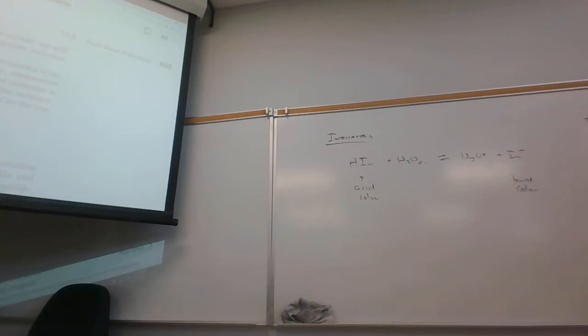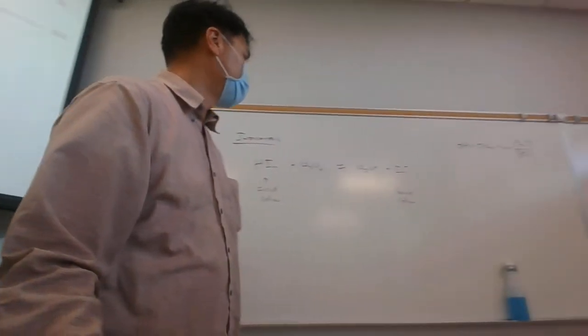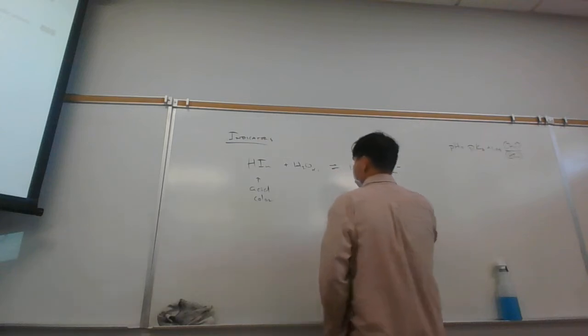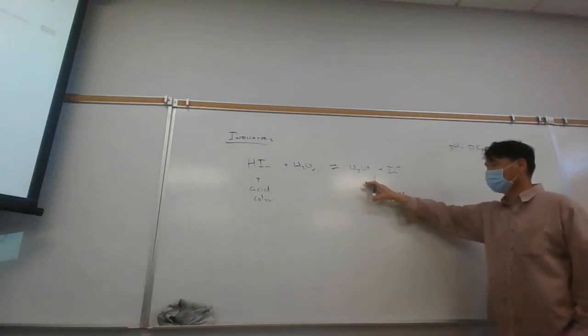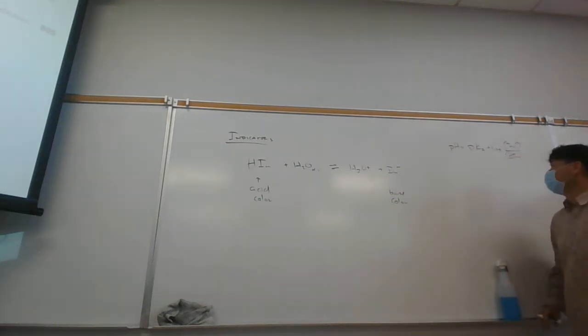So the pH is going to change the ratio of base to acid. Or, another way of thinking about it is Le Chatelier's principle. We could shift this equilibrium one way or the other by increasing or decreasing the hydronium, by changing the pH. Those are two ways of doing this.